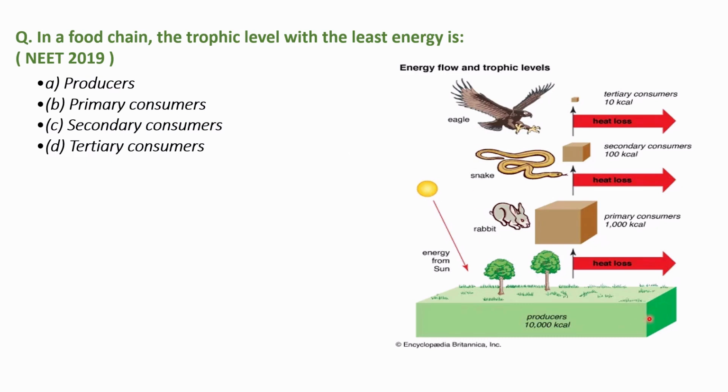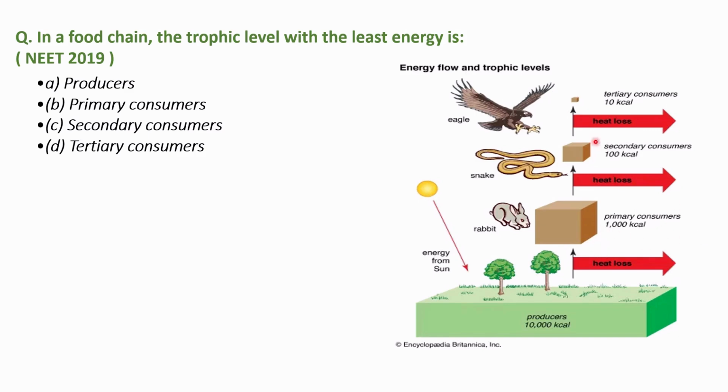Why? Because the producers have more energy, since they do not depend on anything and contain more energy. If we move from lower to upper, the energy levels decrease. So the energy flow decreases from producers to the tertiary consumers.